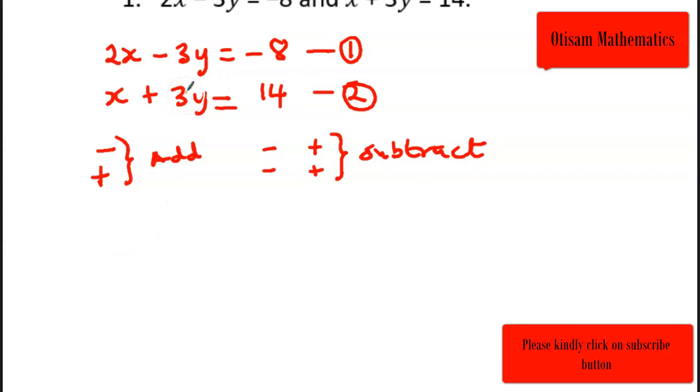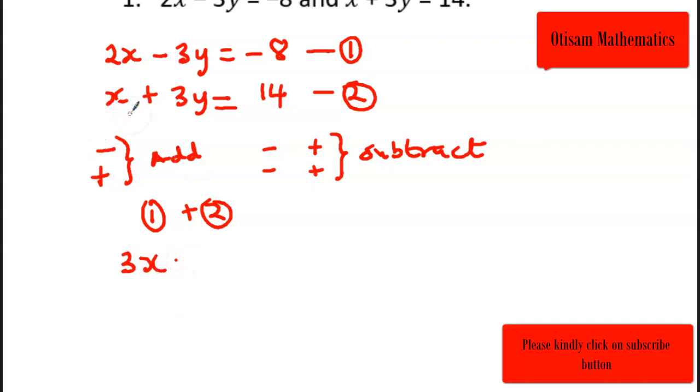So let's eliminate y. Since the coefficients are the same and the signs are different, we can say equation 1 plus equation 2. So we add term by term. 2x plus x, we have 3x.